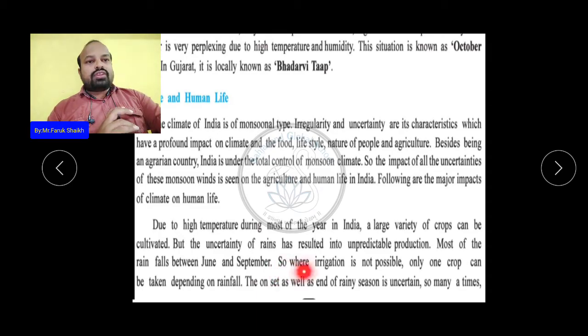So where irrigation is not possible, only one crop can be taken depending on rainfall. तो जहाँ पे भी irrigation facilities नहीं है, like ponds, river, canals, there only one crop can be cultivated.